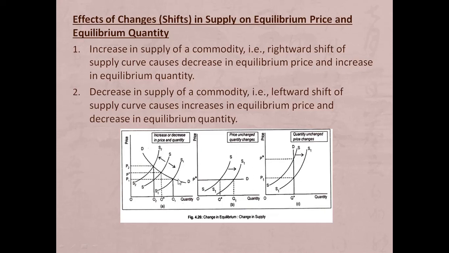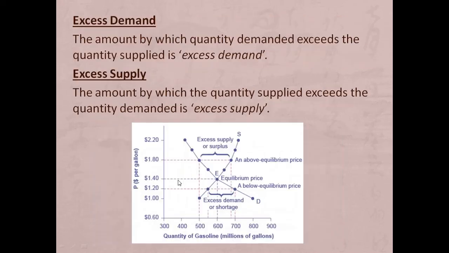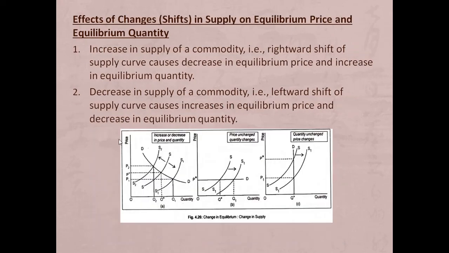Why does the price decrease? I have already explained that whenever there is excess supply, deflation occurs. So the prices of different commodities start falling. Now the prices will fall.